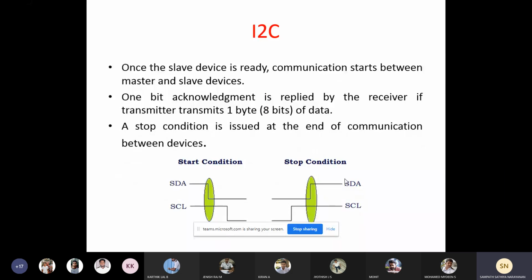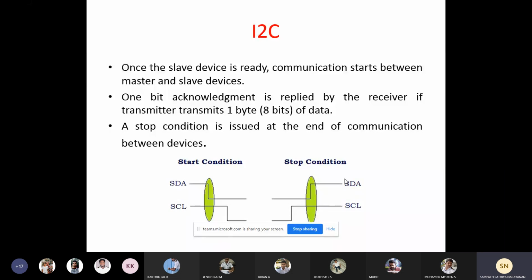This is how the master and the slave devices are able to communicate, with the master initiating a request and the slave responding. The slave device starts to communicate once it is brought to the active state.